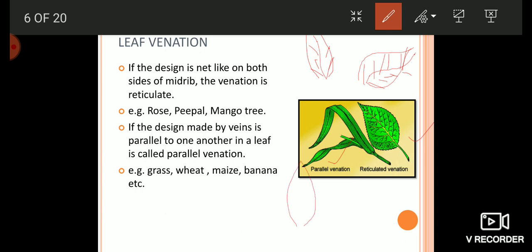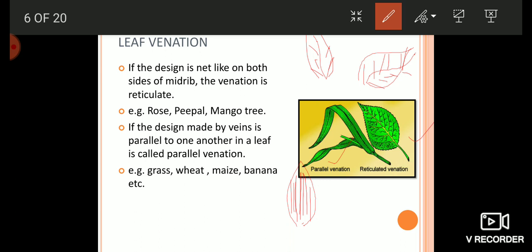Now this is the leaf. If the veins are vertically parallel, then it is called vertically parallel venation, or you can say just parallel venation. Sometimes there is a vertical parallel venation, or sometimes a horizontally parallel venation.